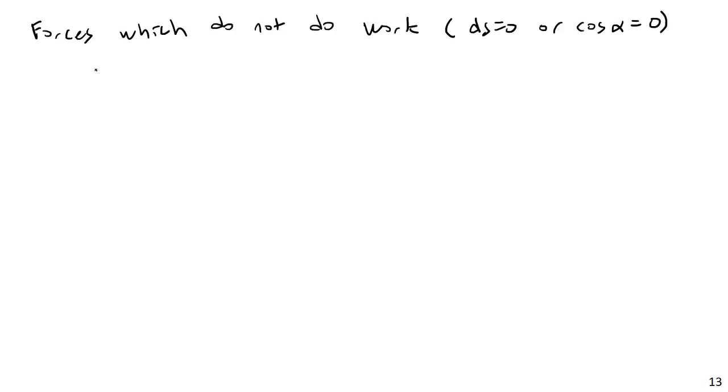So a few examples. A reaction at a frictionless pin supporting a rotating body. This would be because there's no displacement and we're not considering rotation right now. So this would be an example of the first condition, ds being 0.